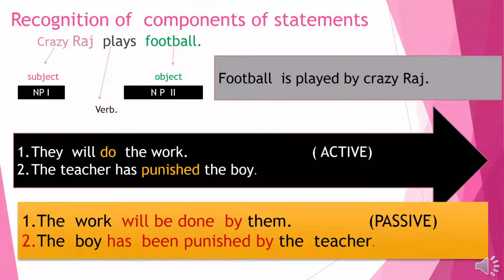So in passive voice you can see that the subject and object interchange their position, and the word by is inserted before the doer of the given verb, and simultaneously there are some changes in other words. So let's see more examples.